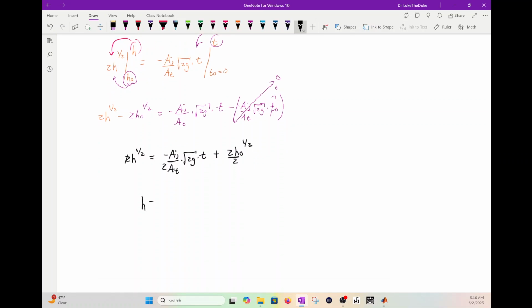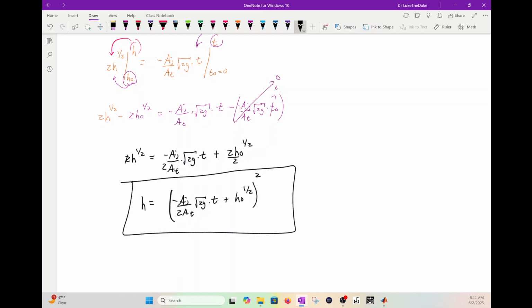And then what we need to do is take this entire thing and square it, to get rid of the 1/2 on the left-hand side. Let me make sure I didn't miss any steps. H naught to the 1/2, and you square it. Perfect. So this is now H as a function of time with your initial conditions.